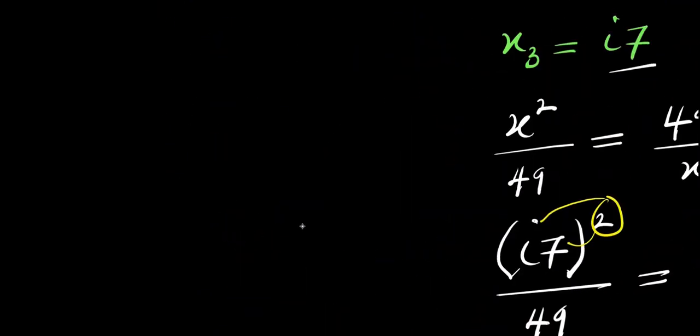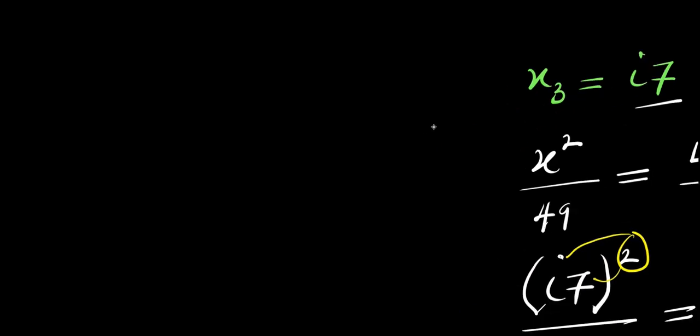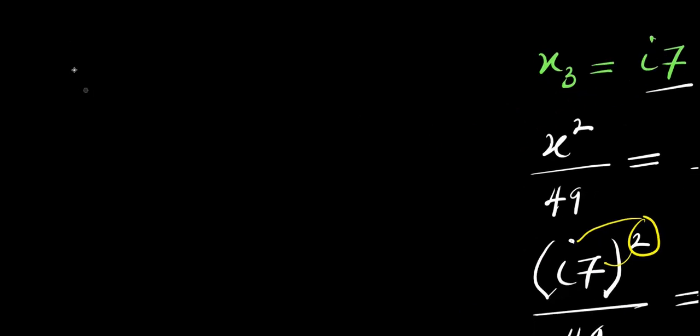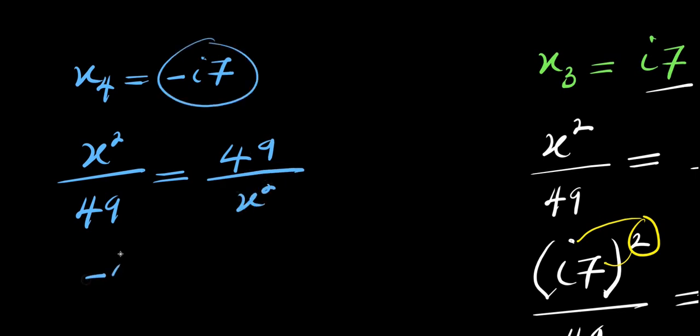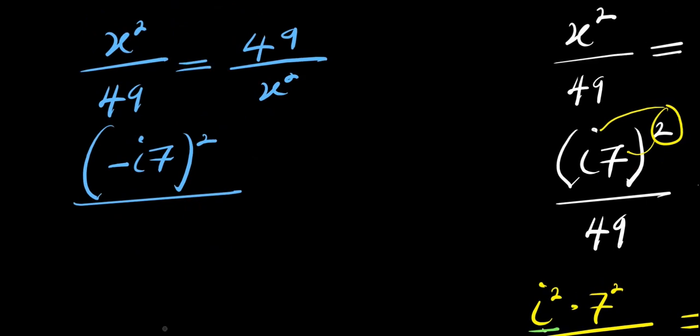Now consider the last solution, which is -i times 7. x squared divided by 49 equals 49 divided by x squared. We substitute this for x: -i times 7 power 2 divided by 49 equals 49 divided by -i times 7 power 2.